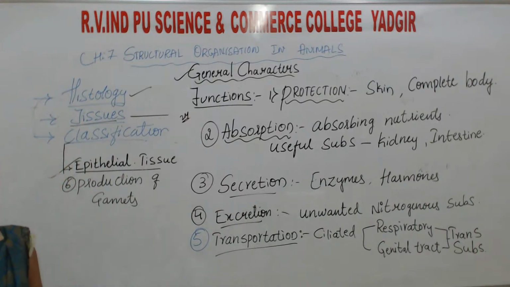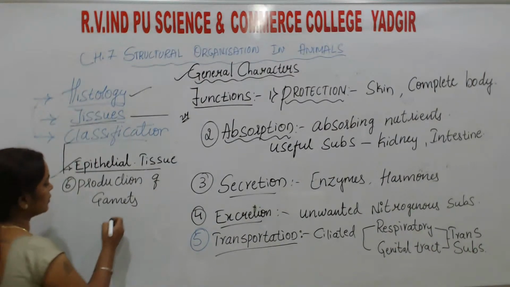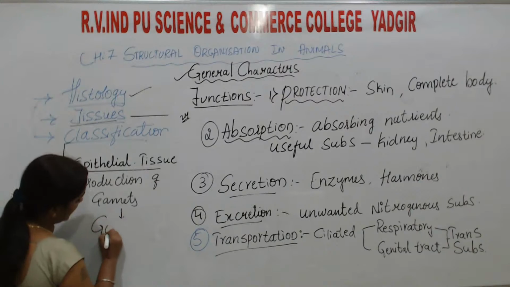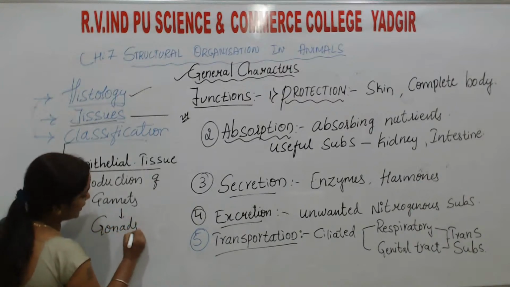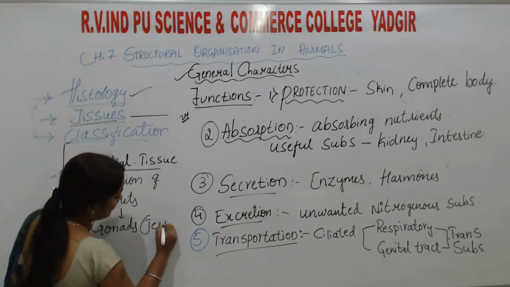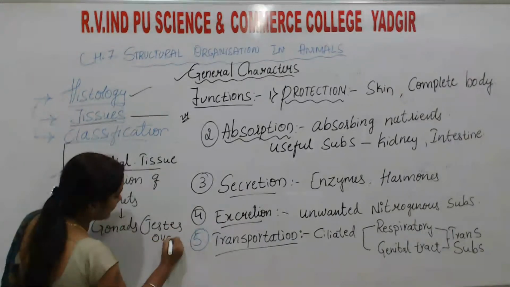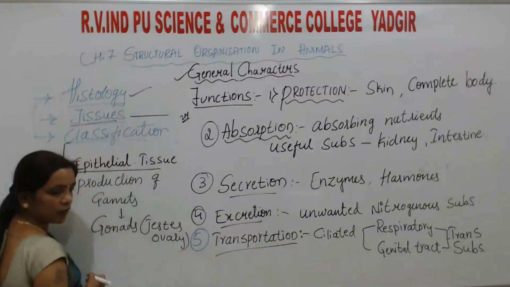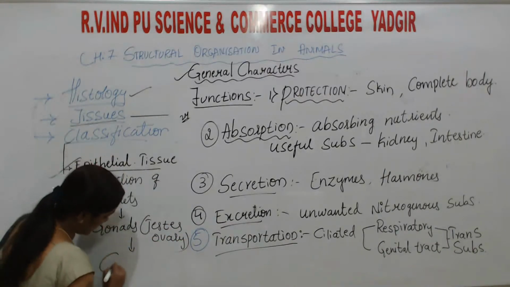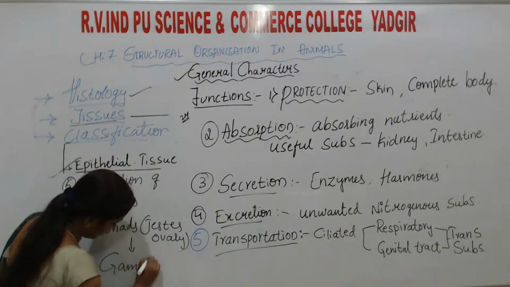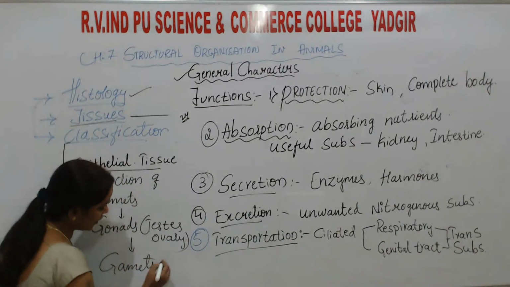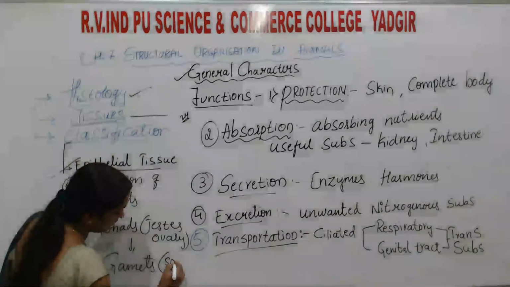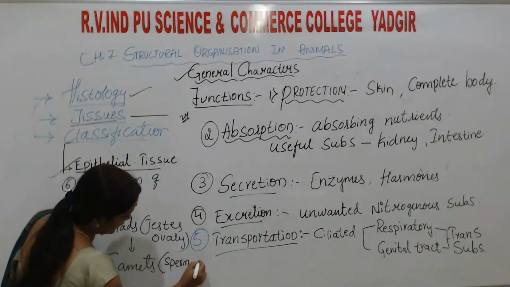They are also responsible, especially the germinal epithelium of the gonads. Gonads are nothing but the testes and ovary. These will produce the gametes. What type of gametes? Sperm and egg.